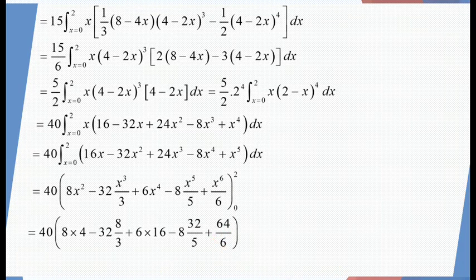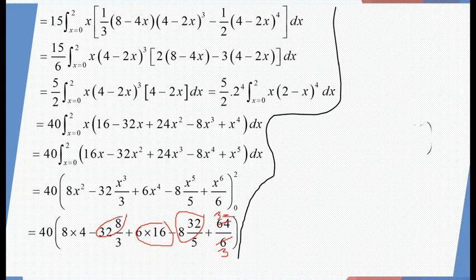So now see, we can simplify it. 2 threes are 6 and 2 threes are 6, 2 twos are 4. And here we can multiply these. 8 fours are 32 and 16 sixes are 96, and 96 and 32 is 128.